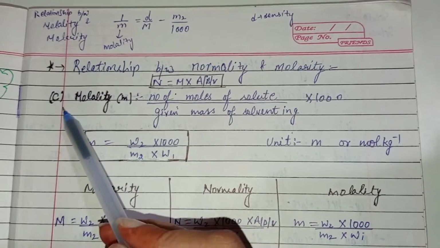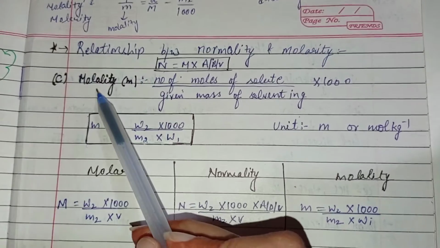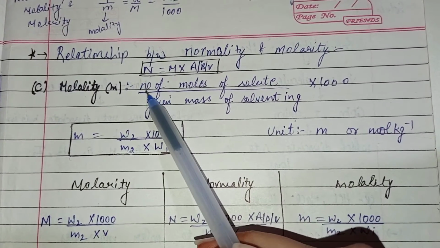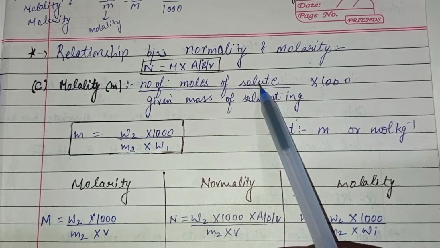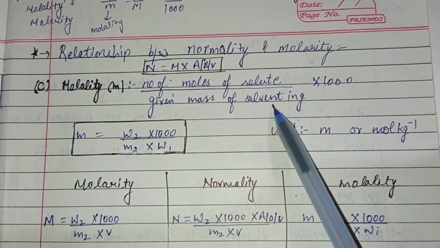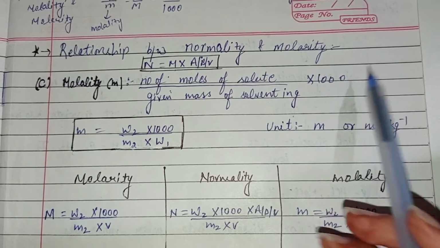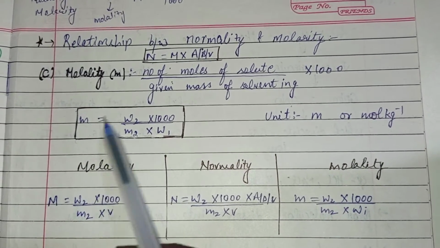Now let us talk about the third one, that is molality, denoted by small m, which is equal to number of moles of solute upon given mass of solvent in grams into 1000. So what will the formula be now?